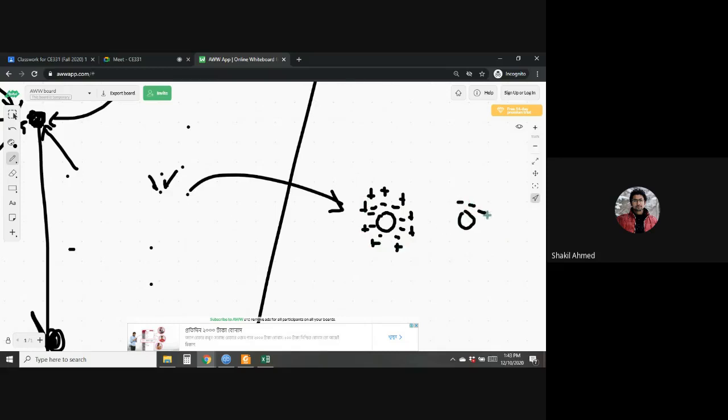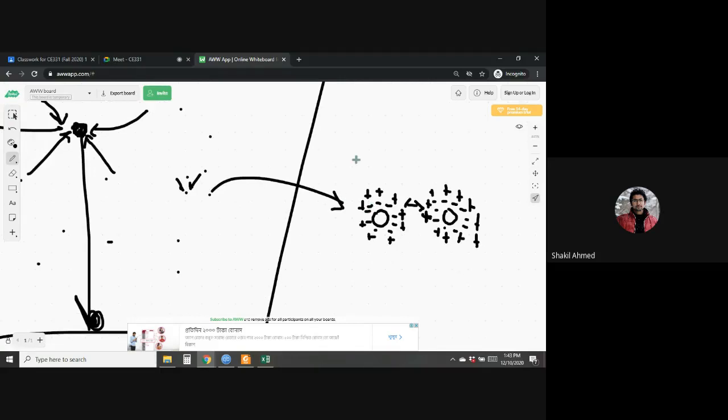The same thing happens for the other small particles, colloids basically. There is a double layer charge, and this positive charge is repulsed by the other positive charge, so there is repulsion. Therefore they cannot come close to each other easily.